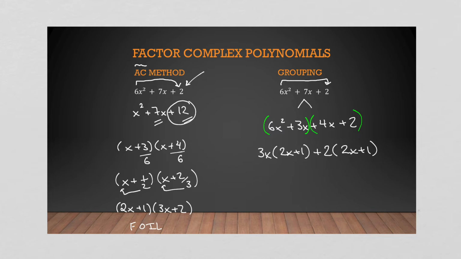So now you'll notice, as far as this is a product and this is a product go, this is a common factor in both. So we actually factor out the entire thing. So the 2x plus 1 comes out to the front, and we're left with 3x plus 2. So you can see, same thing, same thing. So both methods work. Find the one you like the most and are most comfortable with and use it.